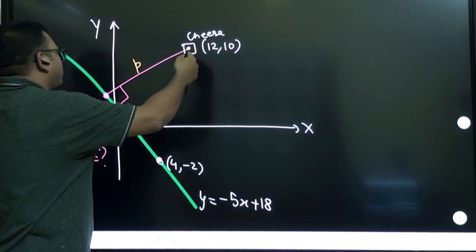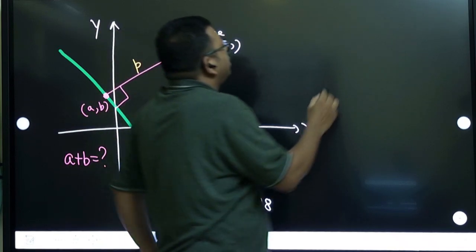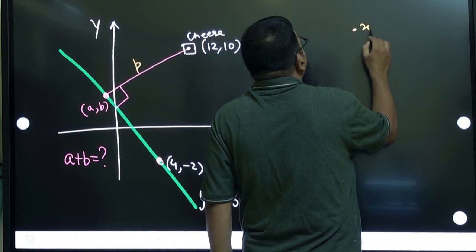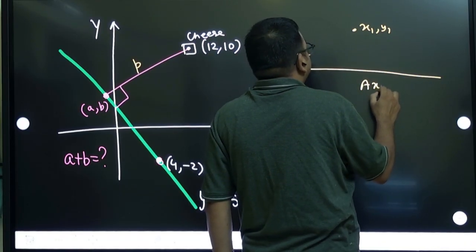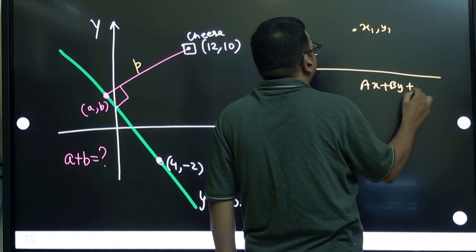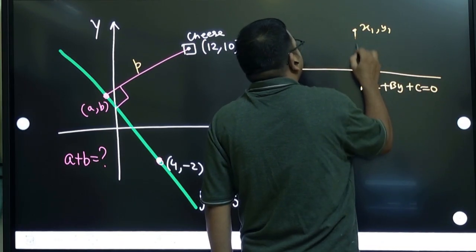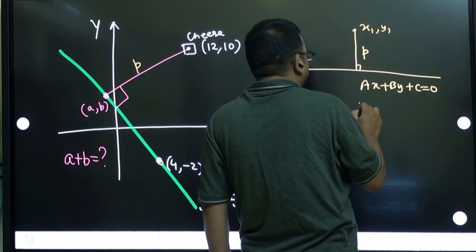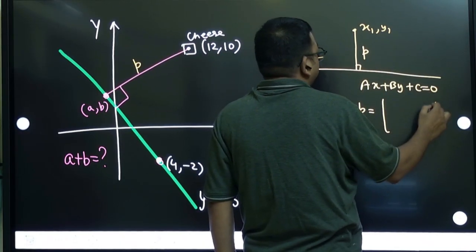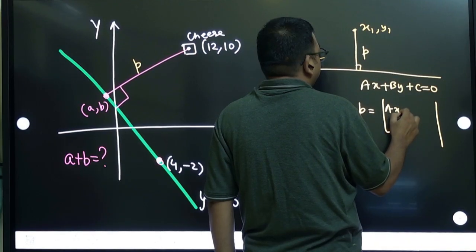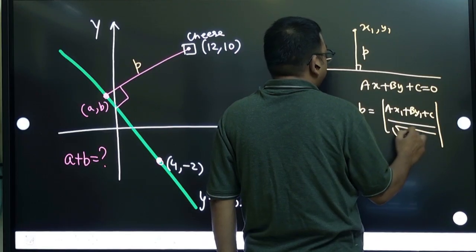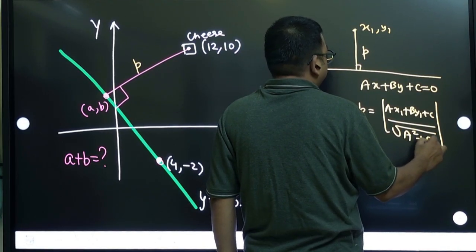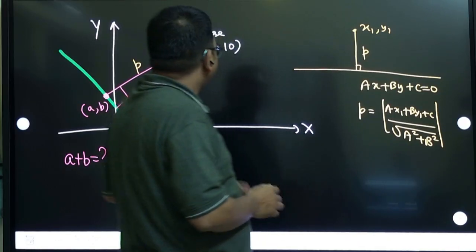The distance of a point from a line formula. Remember, suppose this is a point x1 comma y1, and this is a line ax plus by plus c equal to 0. Then this perpendicular distance P can be calculated as magnitude of ax1 plus by1 plus c divided by root under a square plus b square.